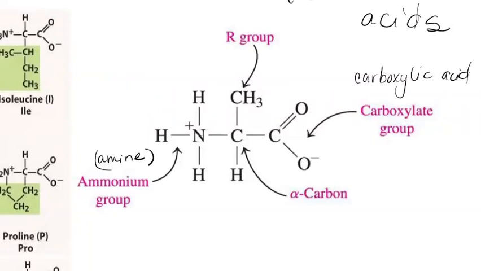In this carboxylic acid, under the pH conditions for the blood, we see that specifically the oxygen in the carboxylic acid loses a hydrogen. In addition to that, every single one of the amino acids is going to have an alpha carbon, and they're going to have an R group. The R group is specifically a side chain.